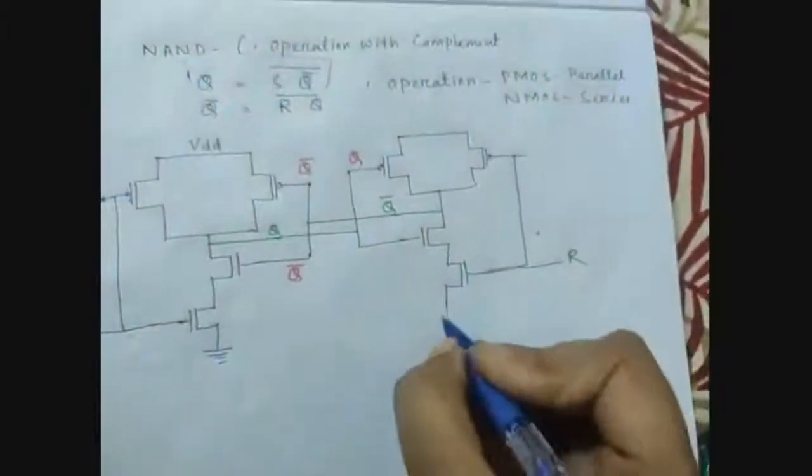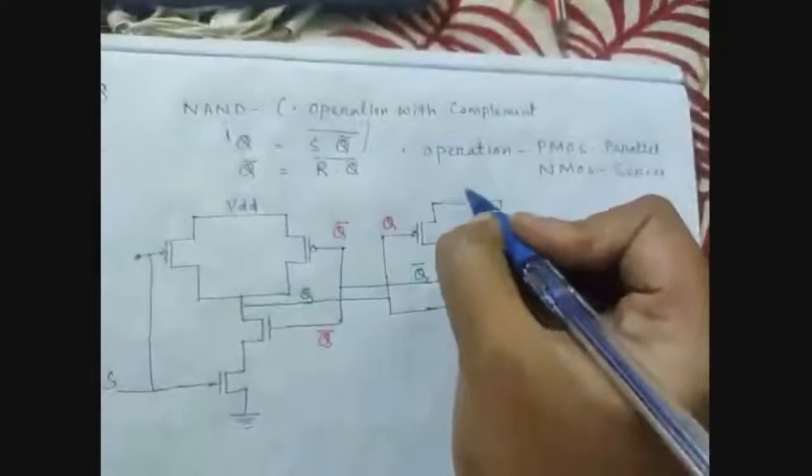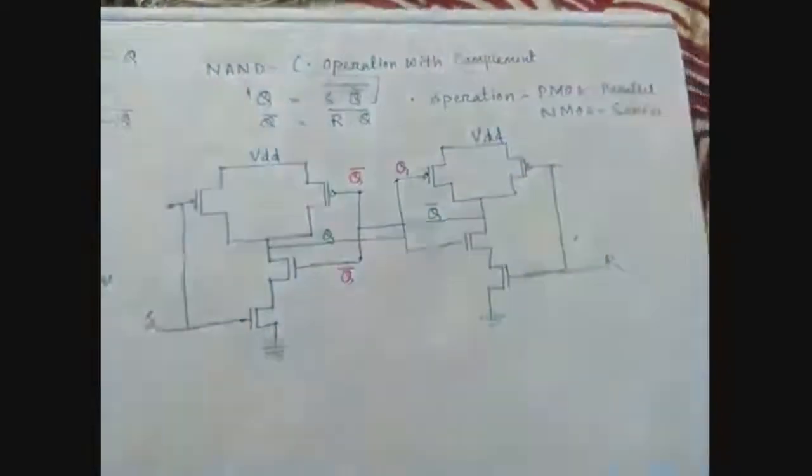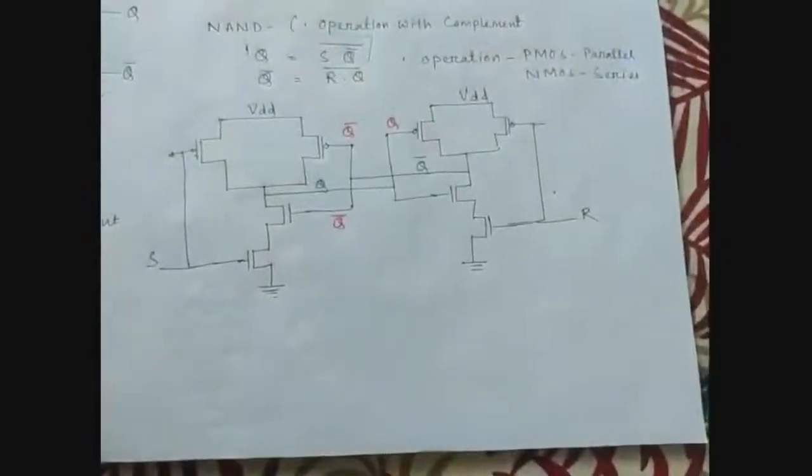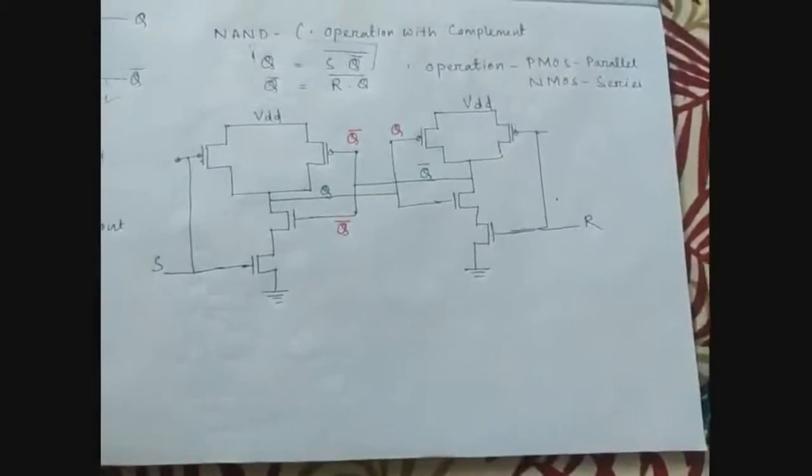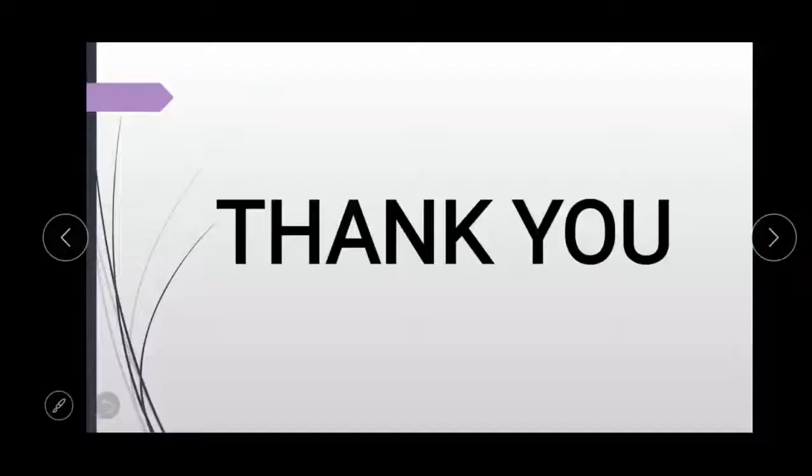The rest is the ground and VDD. So the structure is complete using CMOS. This is all about CMOS SR latch using NAND gate. Thank you.